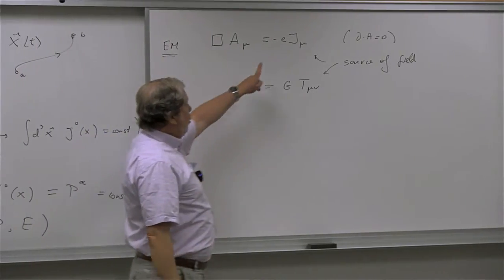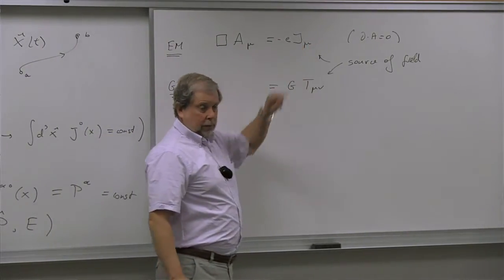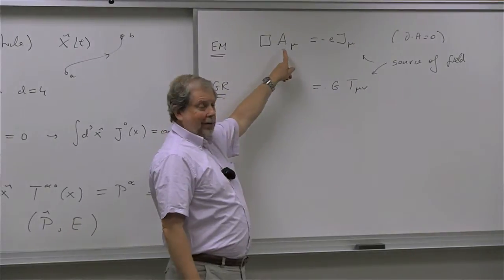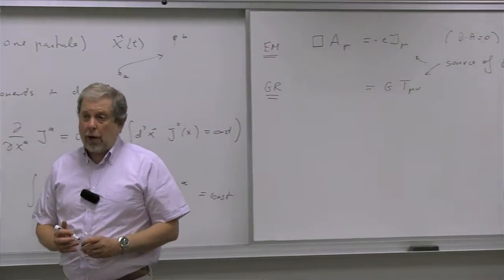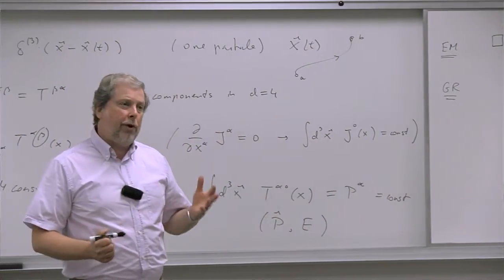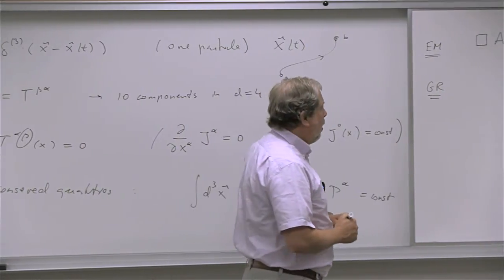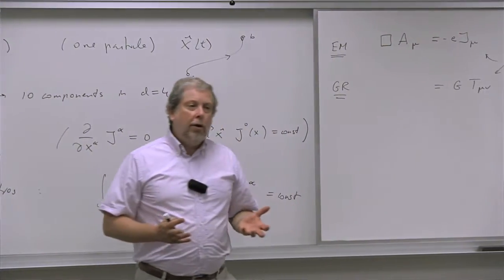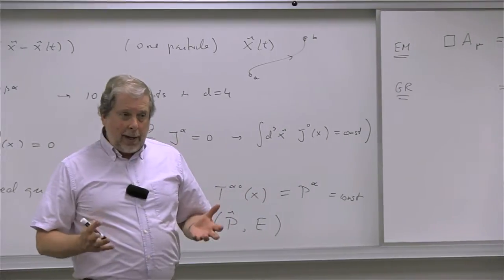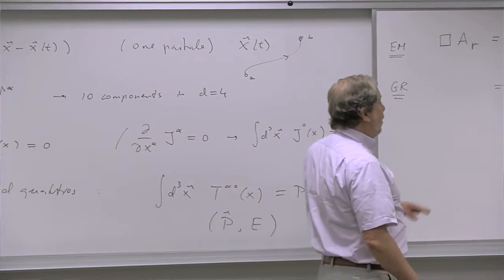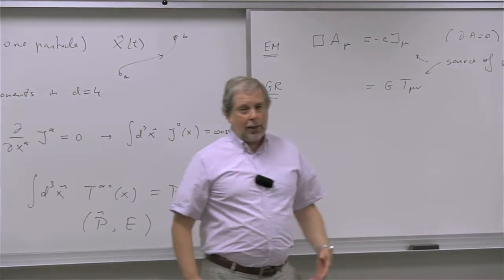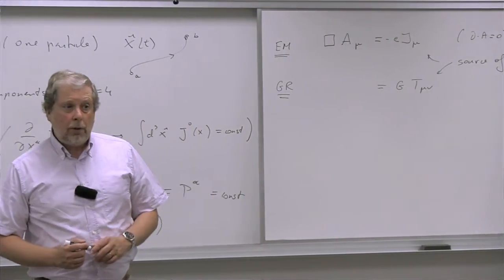And so in electromagnetism, you have only one index, which means that the electromagnetic field is described by an object that should also have only 4 indices, so it's a 4-vector. That is not going to work for gravity. Cannot work because the source for gravity, as we discussed, is an object that has more indices. Right? It has 10 components.